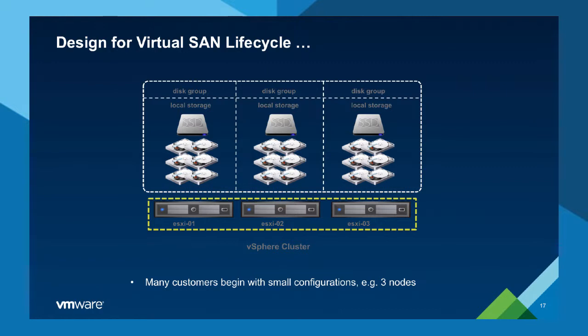Because although you might be able to start with the standard 3-node minimum for VSAN, that might not be where the customer needs to be on a go-forward basis.